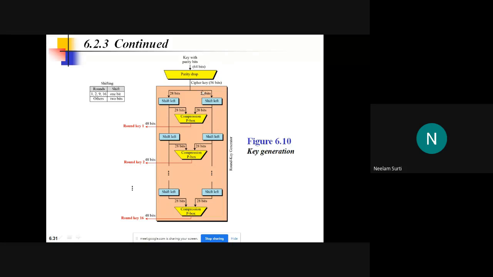Because of that, in the case of plaintext also, it was divided into 32-bit halves. In the case of the key also, it is divided into 28-bit halves: left 28 bits and right 28 bits.